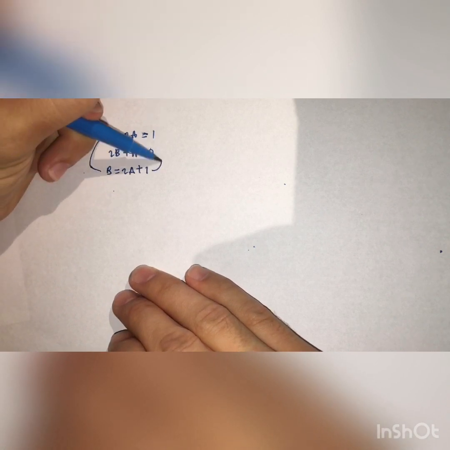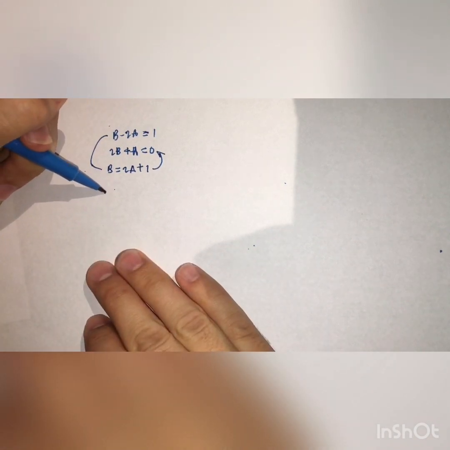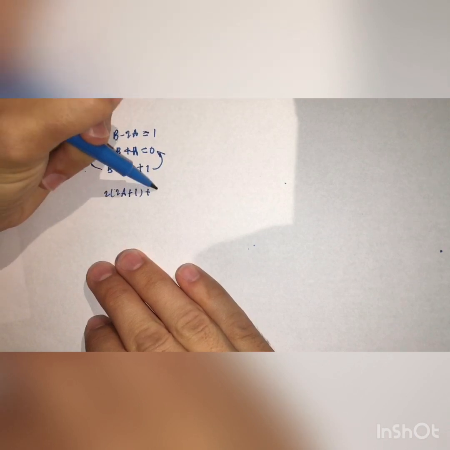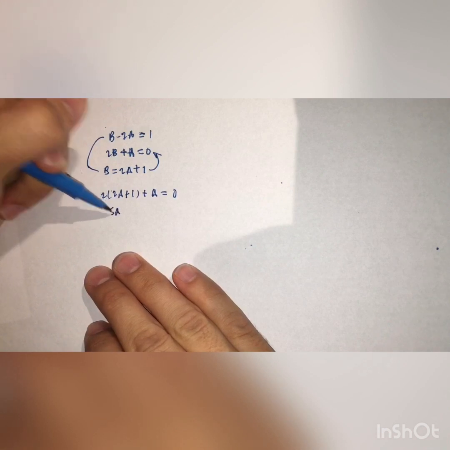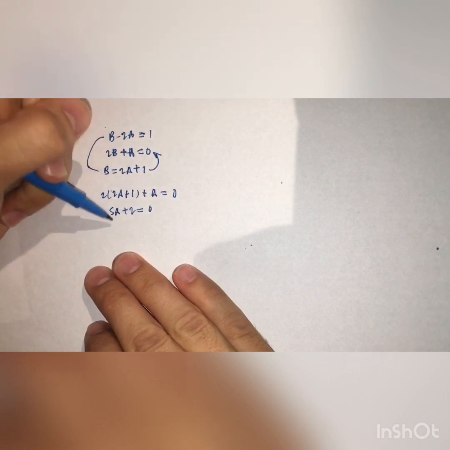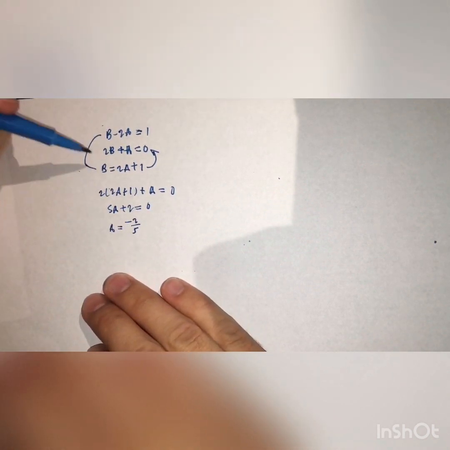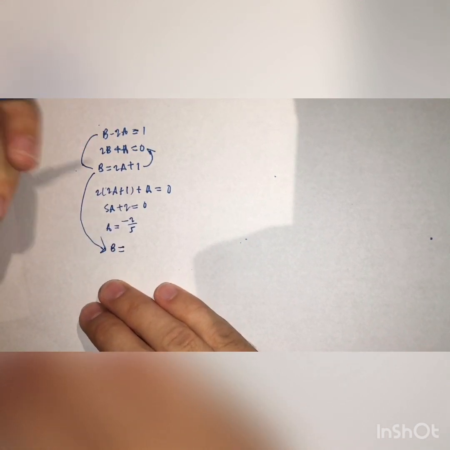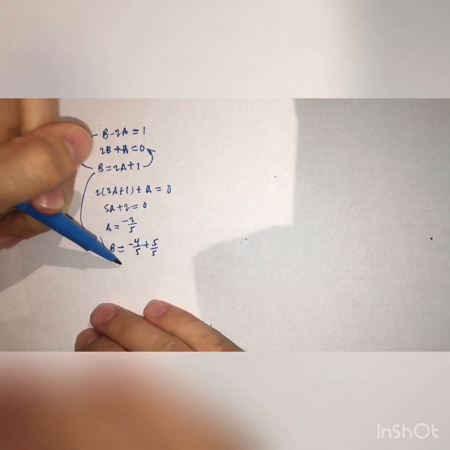So it'll be 2a plus 1 plus a equals 0. And we have 5a plus 2 equals 0. So a equals negative 2/5. And then if we plug that back into this equation, we get b is equal to negative 4/5 plus 5/5, which is just 1/5.